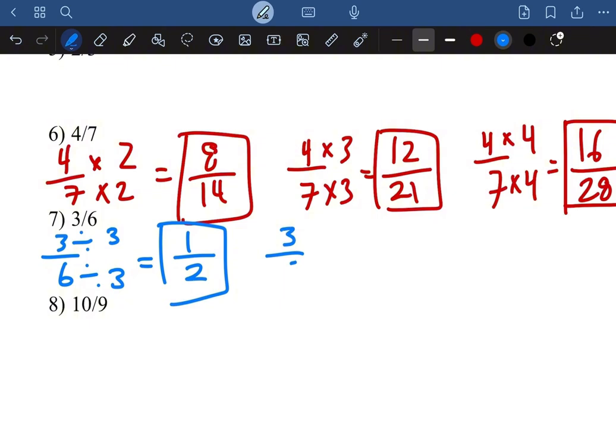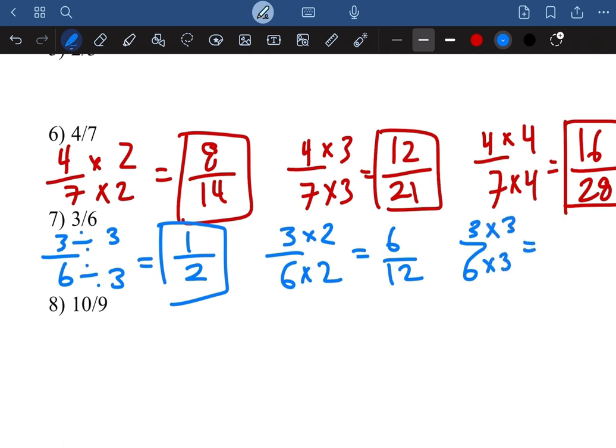And 3 over 6 times 2 over 2. 3 times 2 is 6. 6 times 2 is 12. And last one, we're going to multiply the top and bottom by 3. 3 times 3 is 9, and 6 times 3 is 18. So our 3 equivalent fractions are 1/2, 6 over 12, and 9 over 18.